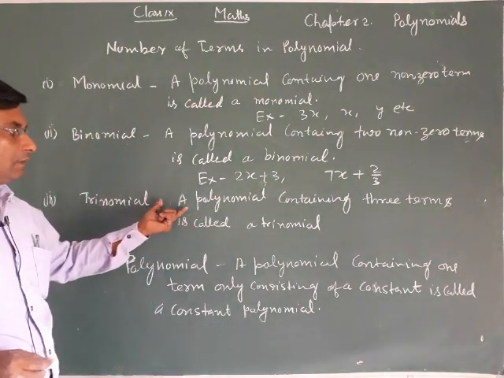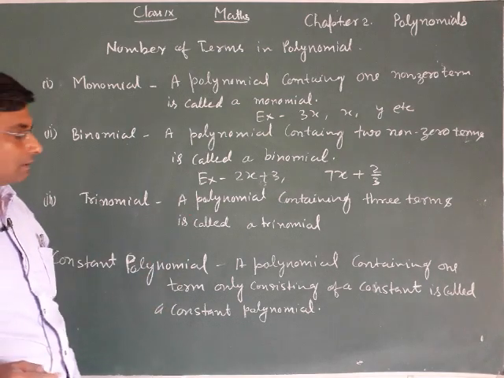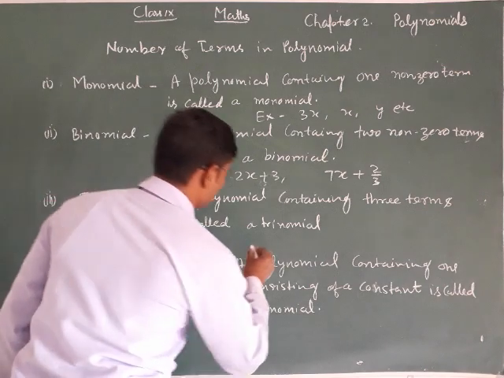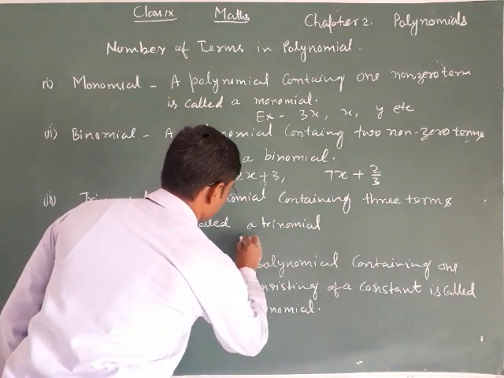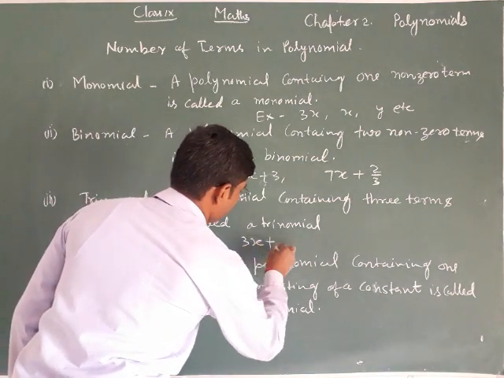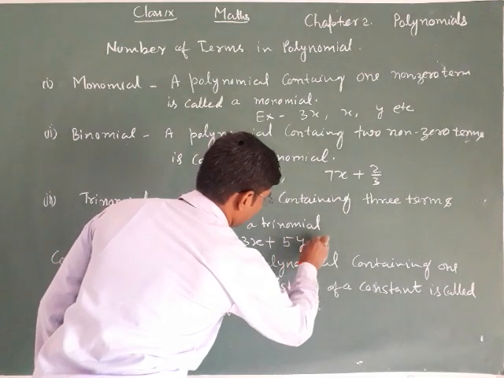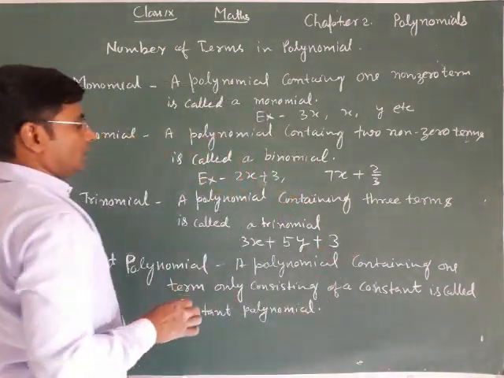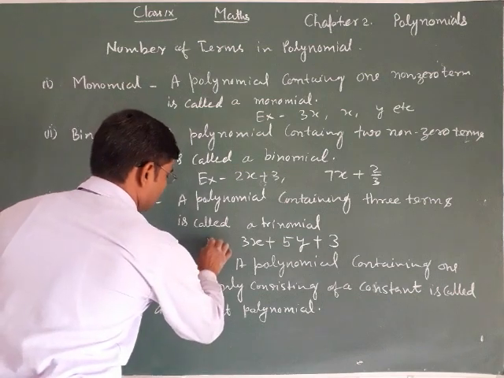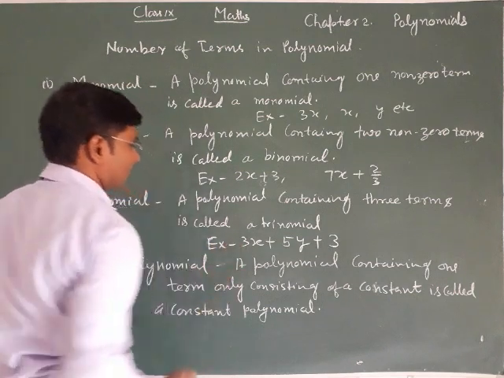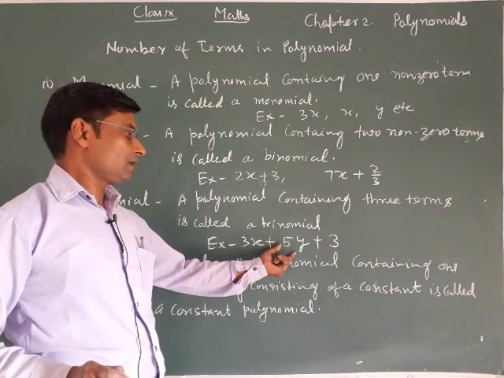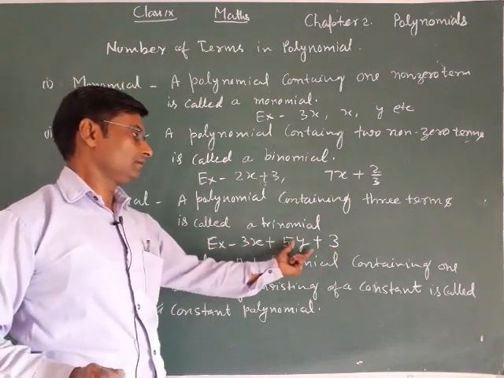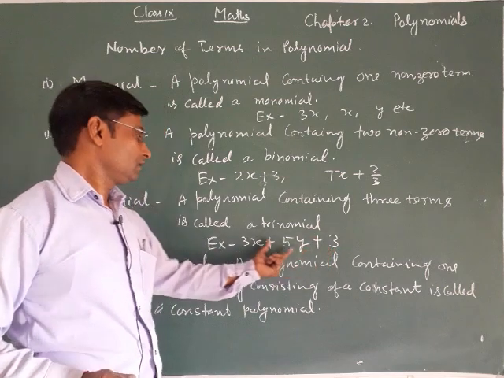Trinomial. A polynomial containing three terms is called a trinomial. For example, 3x plus 5y plus 3: first term, second term and third term.